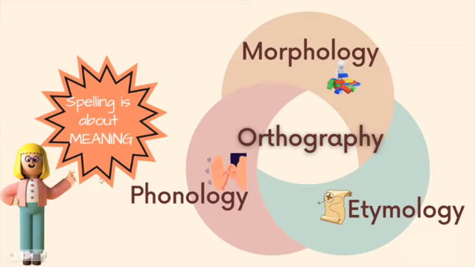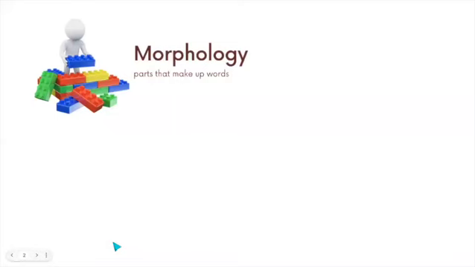And the etymology is the history and the story of the words. And all of those parts work together to help communicate to us as quickly as possible what that word might mean. Today, we're going to be looking mostly at morphology.